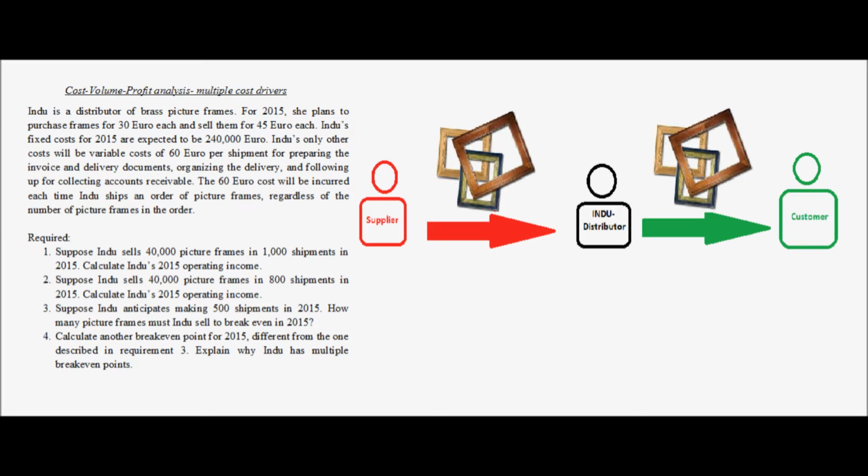Let us look at an example of cost volume profit analysis with multiple cost drivers. Indu is a distributor of brass picture frames. For 2015, she plans to purchase frames for €30 each and sell them for €45 each.